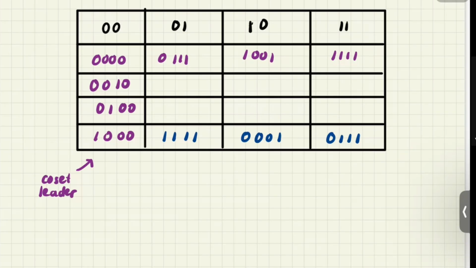Then the distance between this value and this word will be 0011, 1101 and 1011.